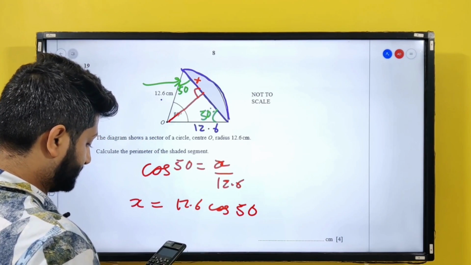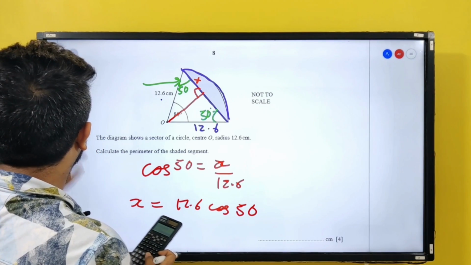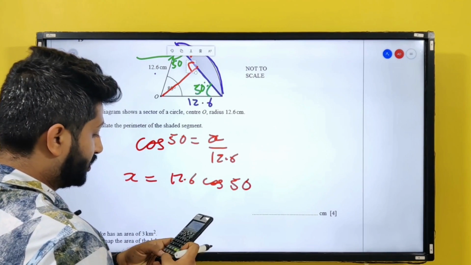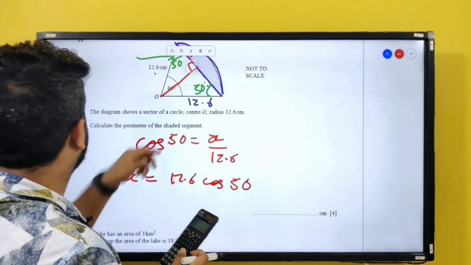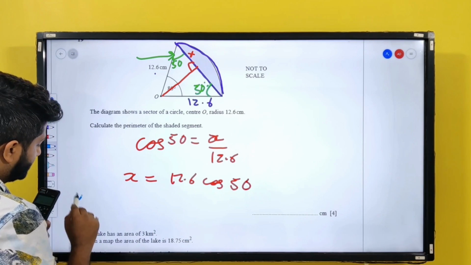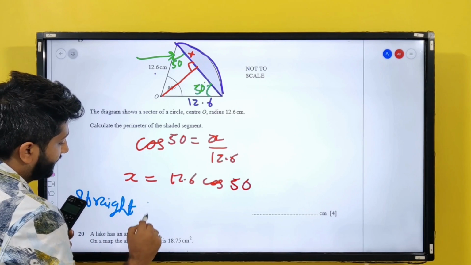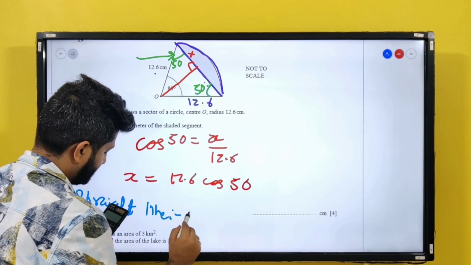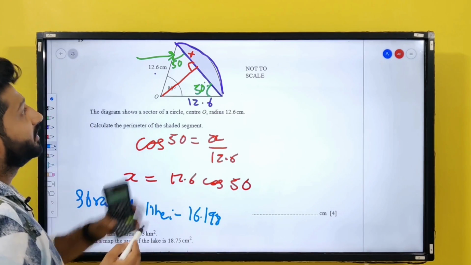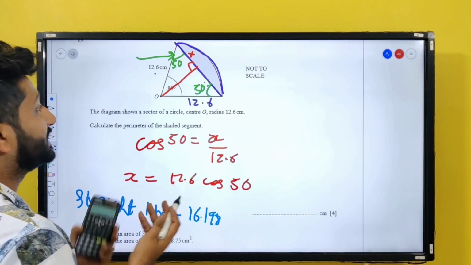So 12.6 times cos 50, which is 8.099. So this is half of the line, I'll have to multiply it with 2. So the length of the straight line is, let's say, 16.198.